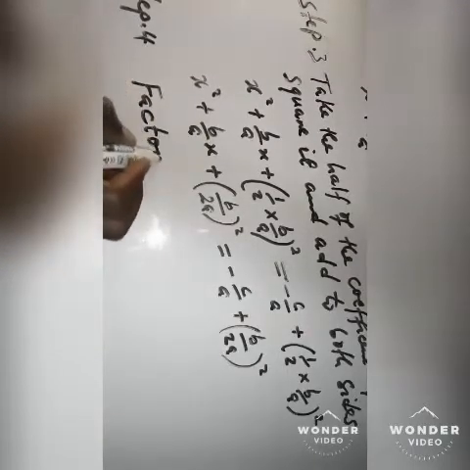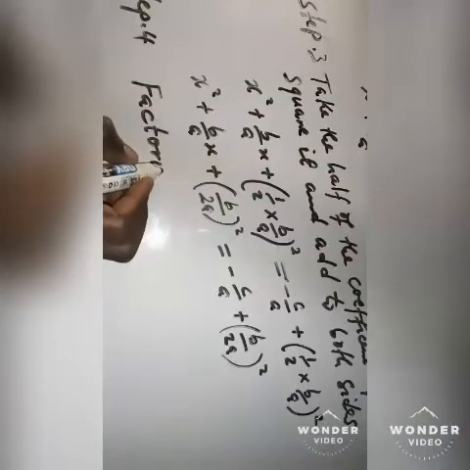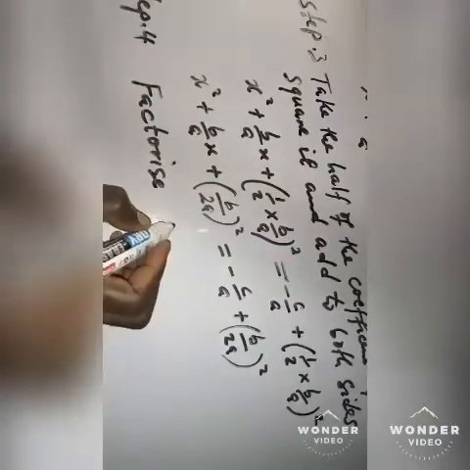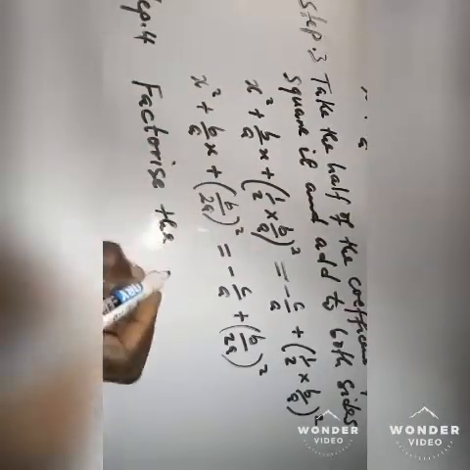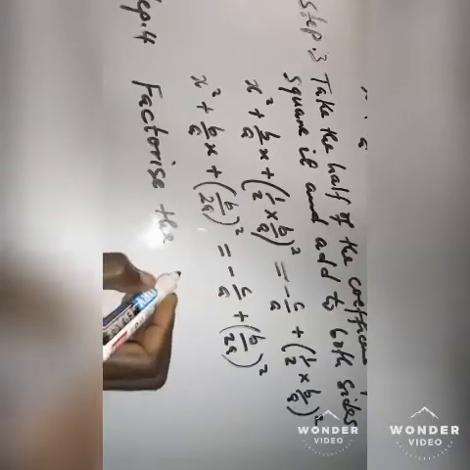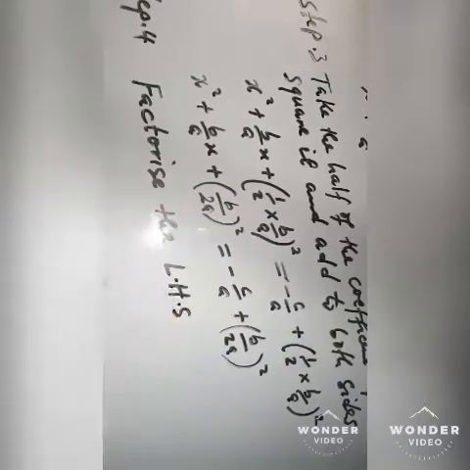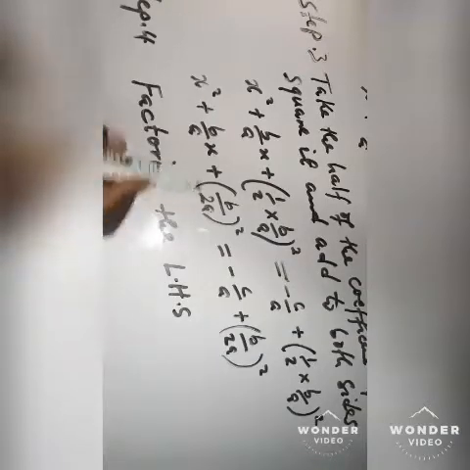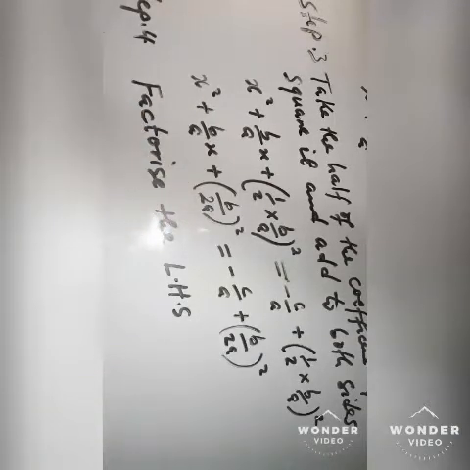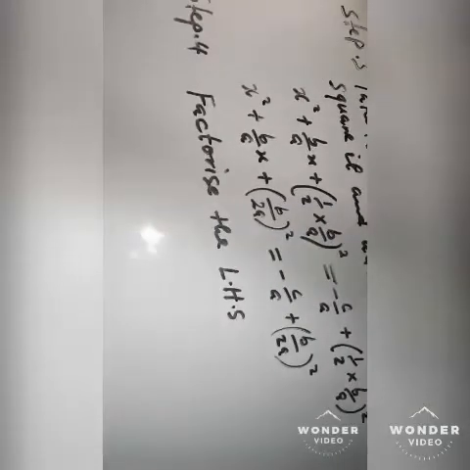Step number 4, factorize the left hand side. Factorizing this one is easy. You don't need to use a factorization method or whatever.